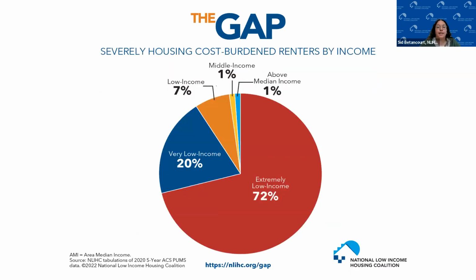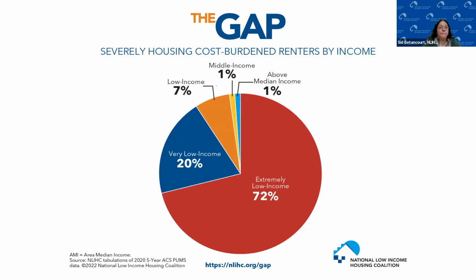And so in this graph that you see in front of you, you will see that most of the folks that have responded to the American Community Survey, which is where we get this data from, have responded saying that they pay more than 50% of their income on housing costs. And the majority of the people who pay more than 50% are extremely low income and very low income households.